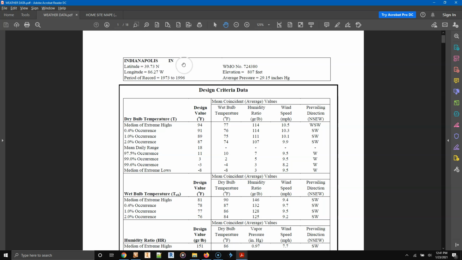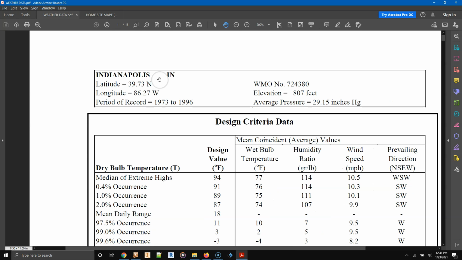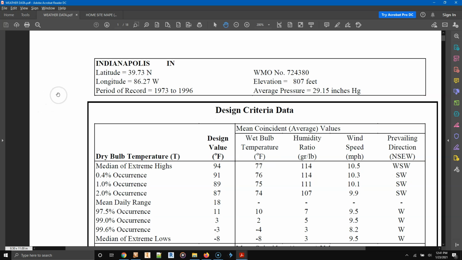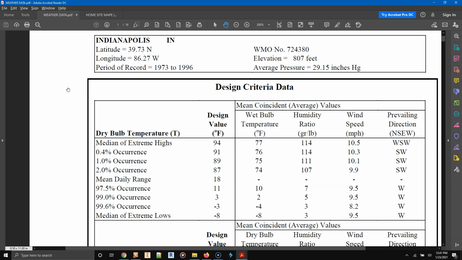Okay, we have some information about Indianapolis. So it would be just like if you looked up weather data for Midlothian, you would be looking at DFW information. What is it like in Dallas? And that's what we would use for designing according to weather. Okay. So one of the things for this assignment, I want you to be very clear. You have a lot of design values here.